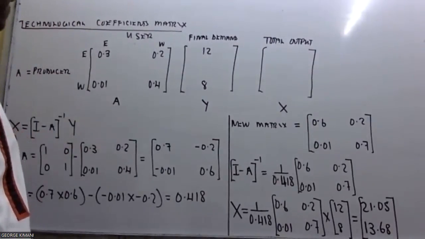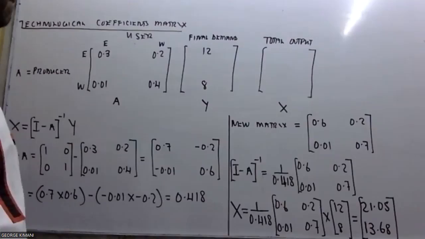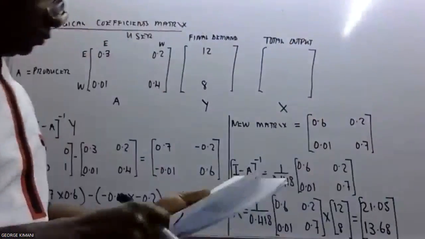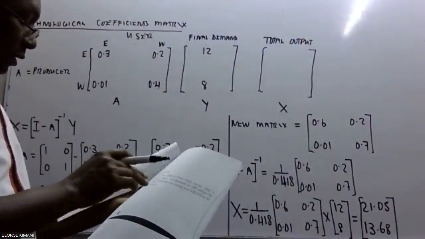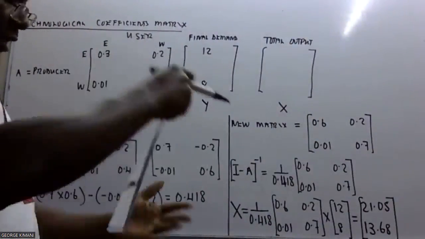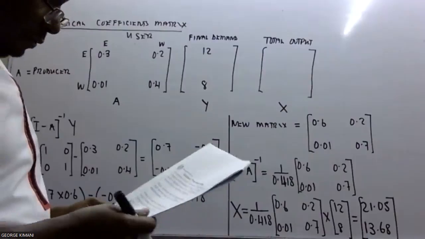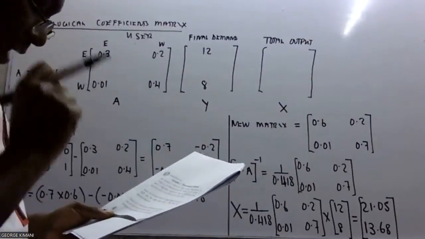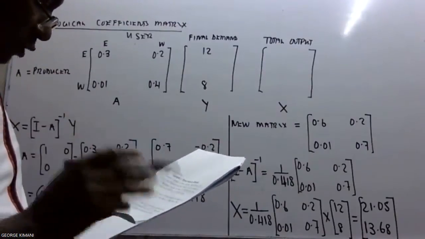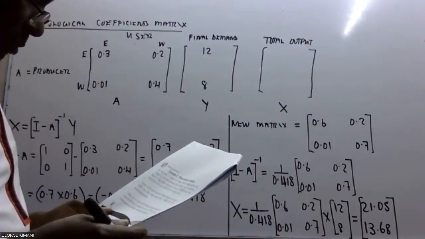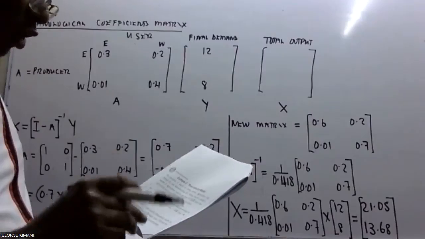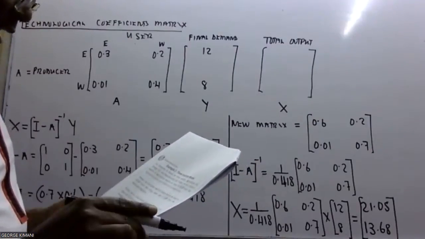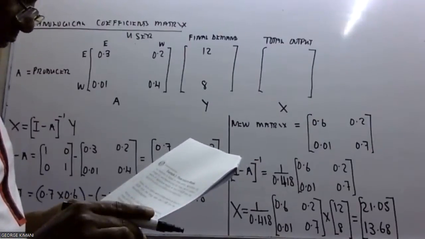I wish we had time to do the other one, number 2 of that page, because I've never been clear on it. Or can I attempt it? Then we look at it when we meet. It is like the first one that we had. An economy is based on 3 sectors: agriculture, energy, and manufacturing.